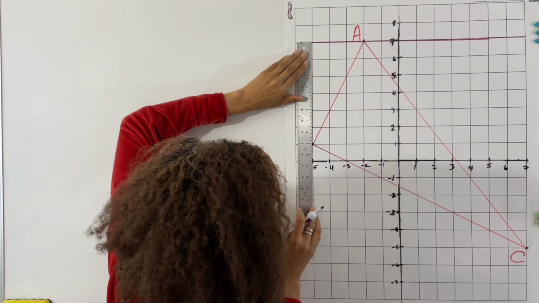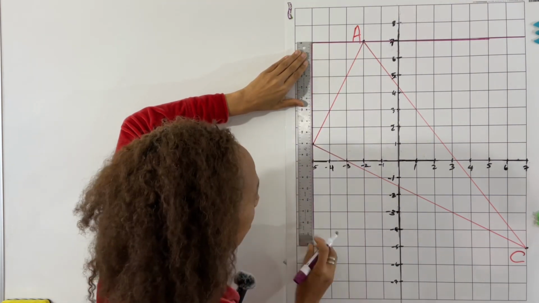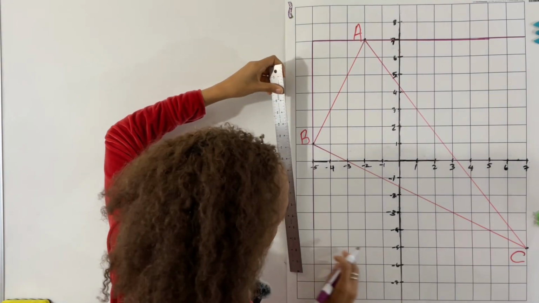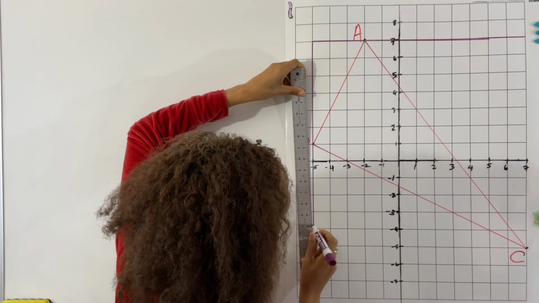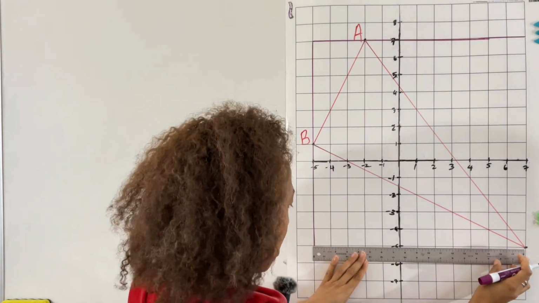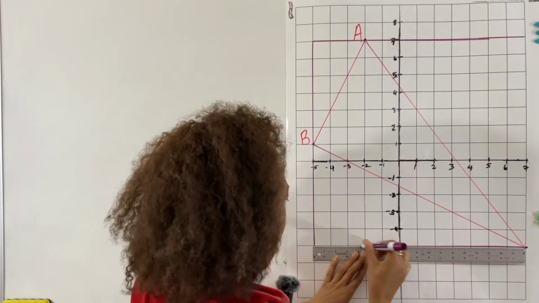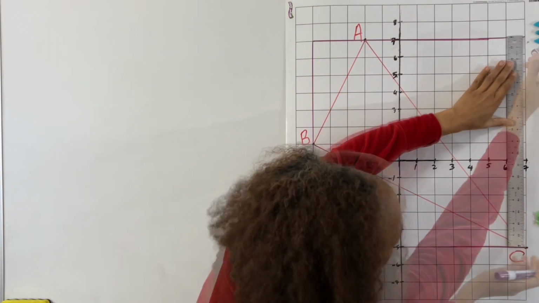And I need to come straight down with this side. And I need to come down to this last one right here. And I need to go across. And I need to do the same thing for this side.